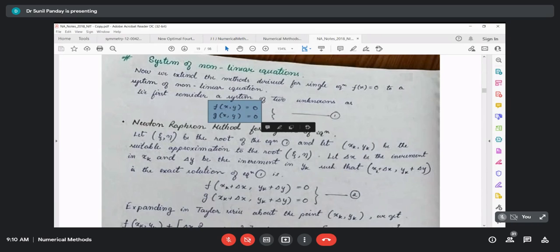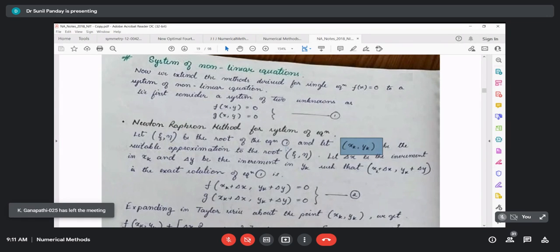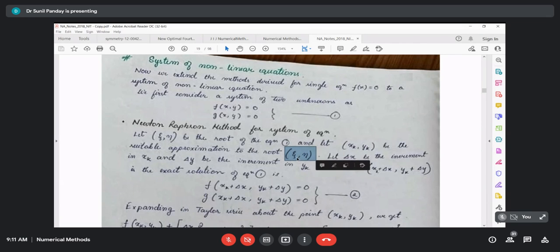So I am assuming this is a suitable approximation to the root xi, eta.